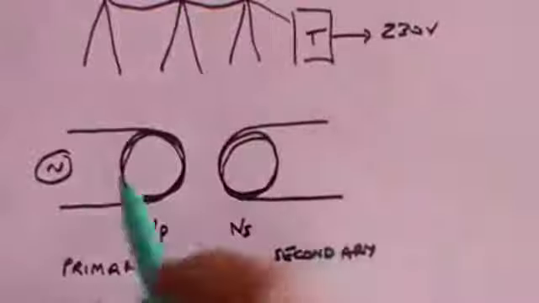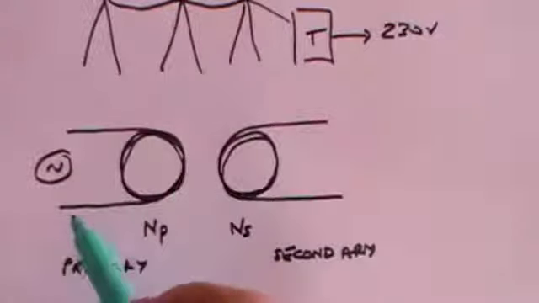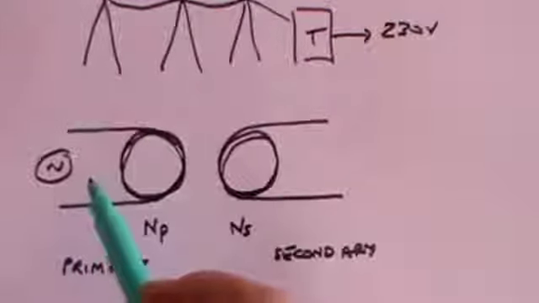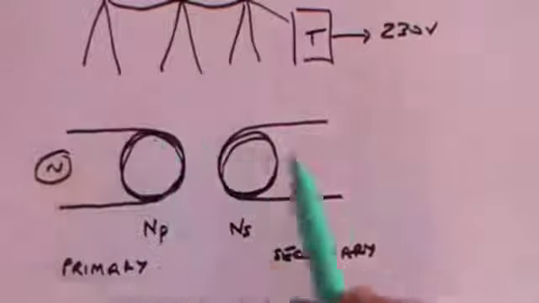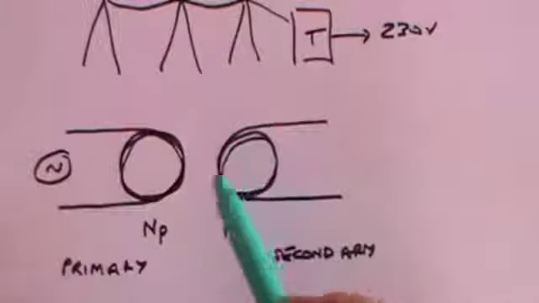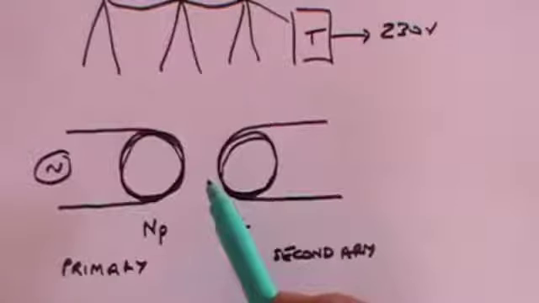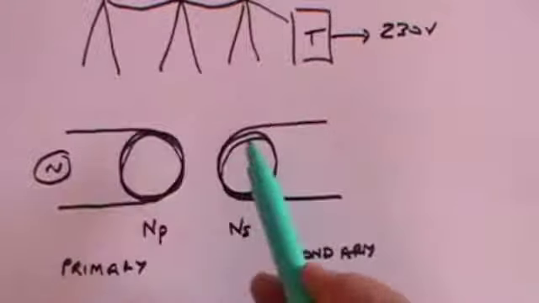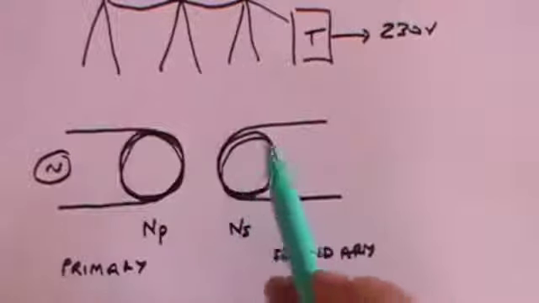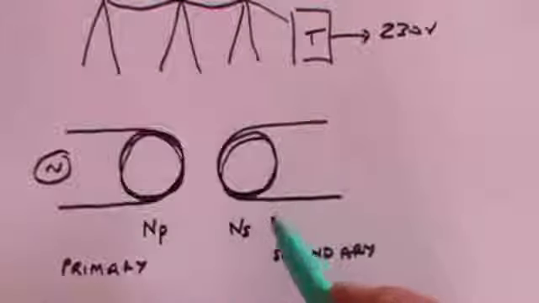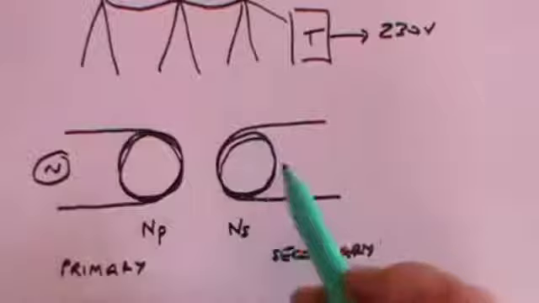Then what we know is that if we've got an alternating current going through this primary, the changing current will produce a changing magnetic field. And this coil is in the presence of a changing magnetic field. So in other words, there will be a change of flux in the coil in this secondary. And that means that there will be an induced alternating current in the secondary.